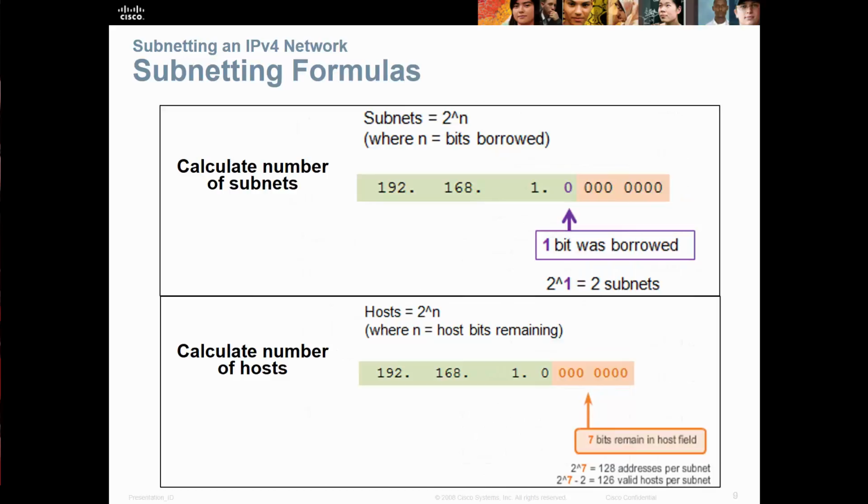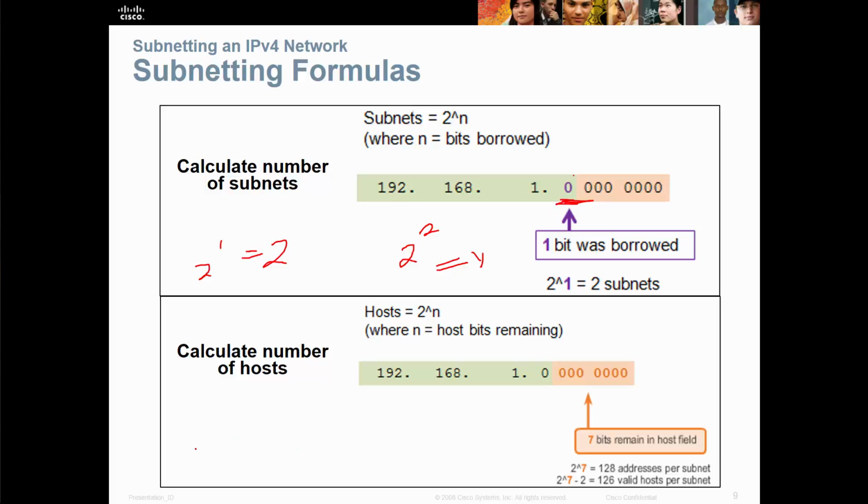So how do we calculate the number of subnets? To calculate number of subnets, we take 2 to the power of how many bits borrowed. So here we borrowed 1 bit, so 2 to the power of 1, there will be 2 subnets. If we borrowed 2 bits, 2 to the power of 2, there'd be 4 subnets. How many hosts do we have? We look at the remaining zeros. So we borrowed up here 1 bit.